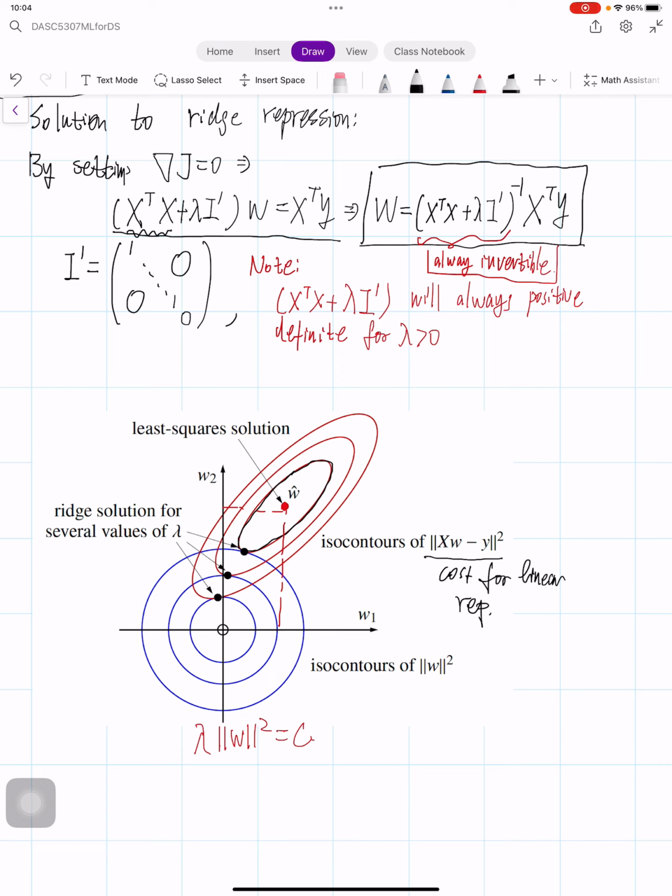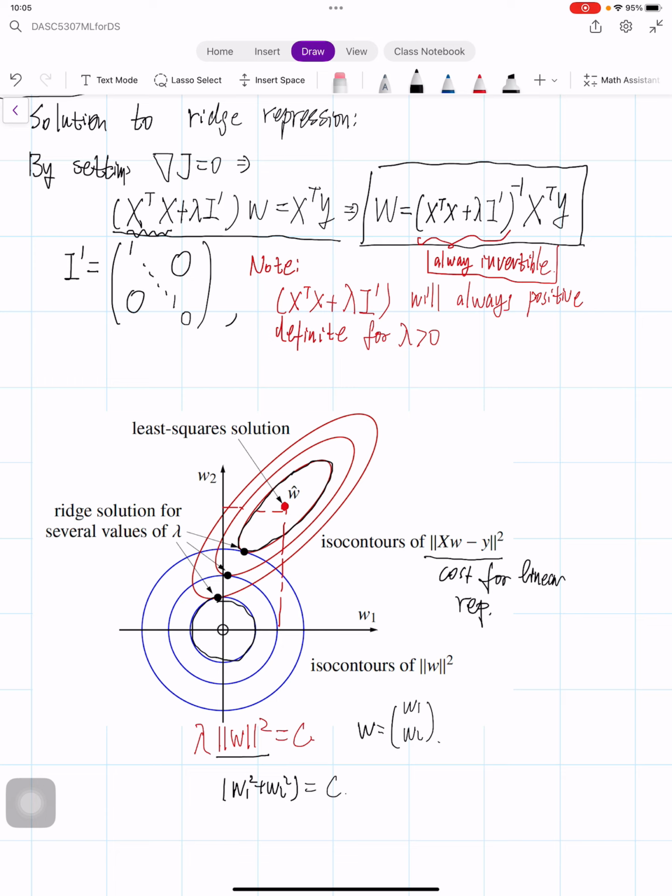For example, if we think w is only a two-dimensional vector, ignoring the intercept, w1, w2, then w1 squared plus w2 squared equals some constant c will give us the isocontour plots for the w squared.